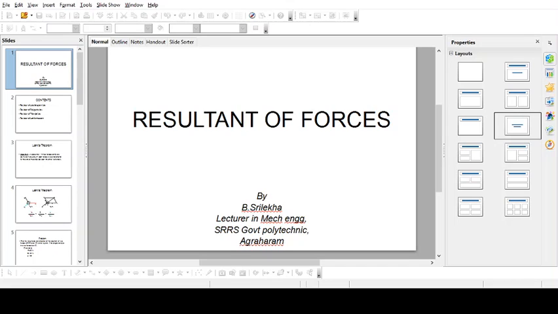Later on, we have also analyzed the parallelogram law of forces. We have derived the equation for the resultant, that is R is equal to under root of p square plus q square plus 2pq cos alpha, or 2pq cos theta, where theta is the angle between the two forces.